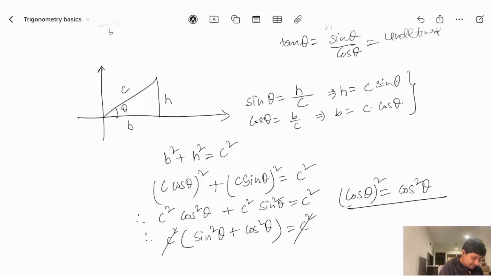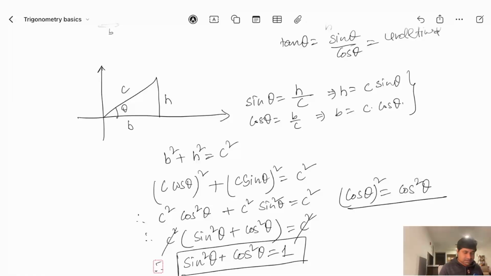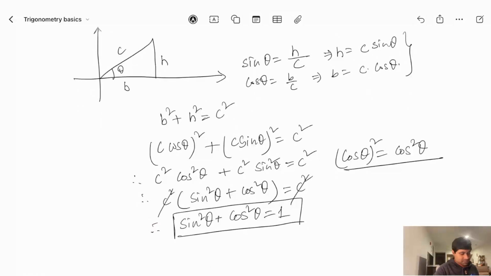I just cancel out c square. Then it becomes sine square theta plus cos square theta equals 1. Great. So that is one of the good relationships between sine and cos, and we always get sine square theta plus cos square theta equals 1.